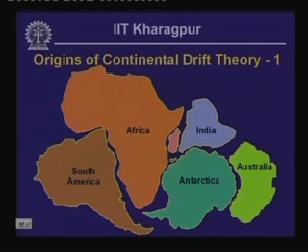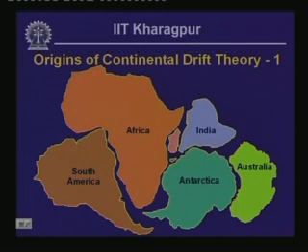If you have looked at the maps of different countries or different continents of the world, you might have wondered that some of the boundaries of land masses could easily fit with the boundaries of a corresponding landmass which is at the present time separated by vast distances.